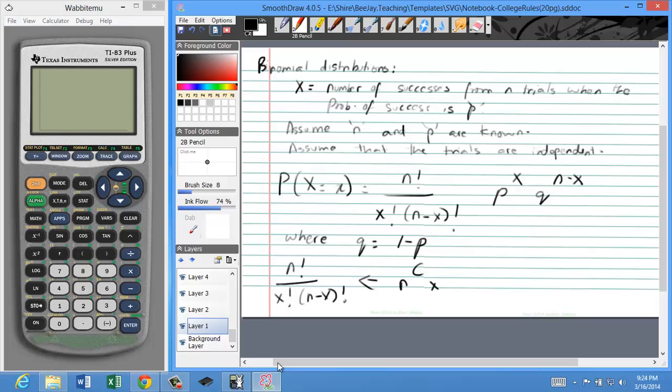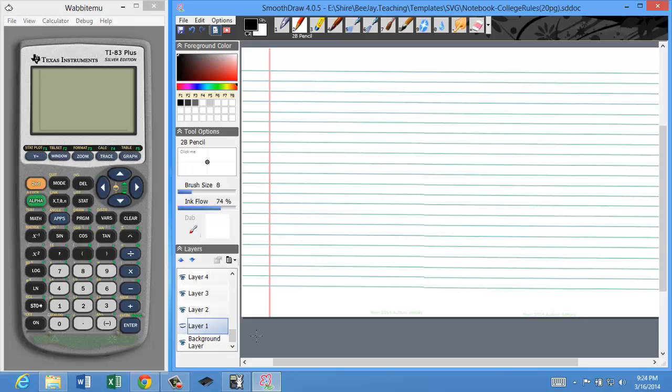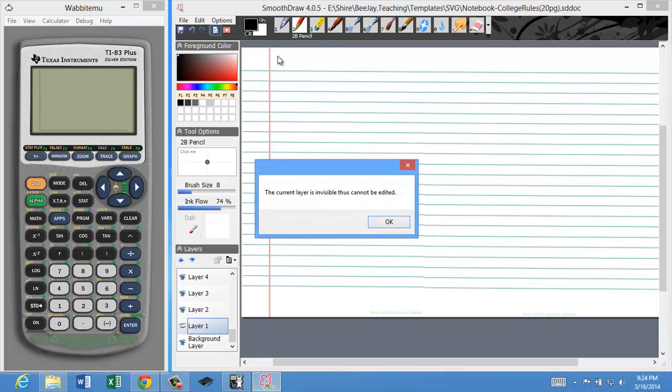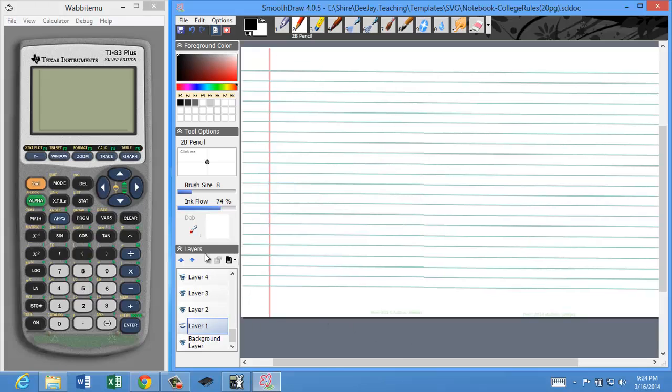So let's look at a problem. Here's a simple example. Let's say the probability of winning a game is 0.121.